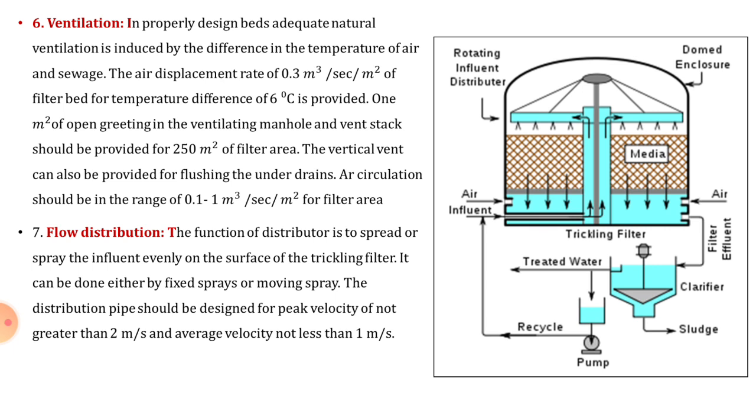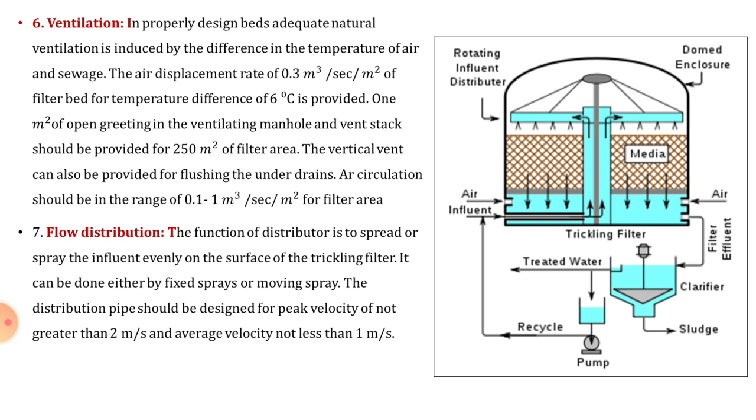The sloughing will also take place, and after the sloughing of the biomass, all the filtered or treated water along with the sloughed biomass will get collected into the under drainage system, which is transferred via the main collecting channel.